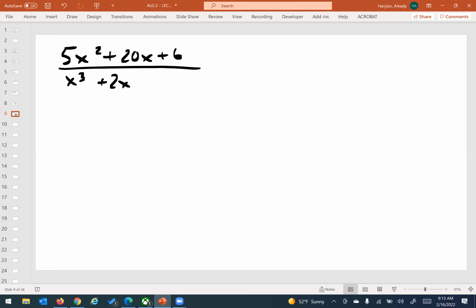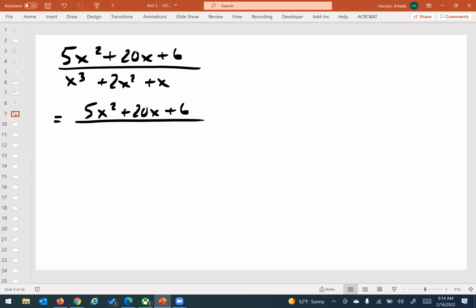Write it the way the book does it here. And what did we do last time? We factored out the bottom, is that right? Did you use the box method? I did it in my mind, so I got x squared plus x times x plus 1.